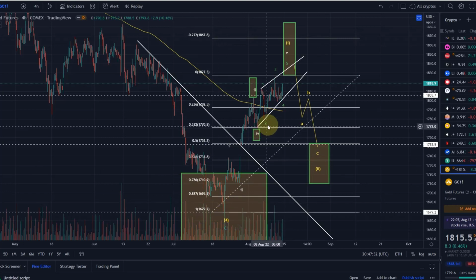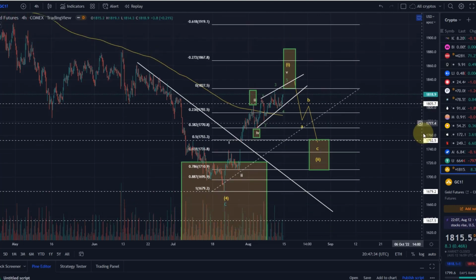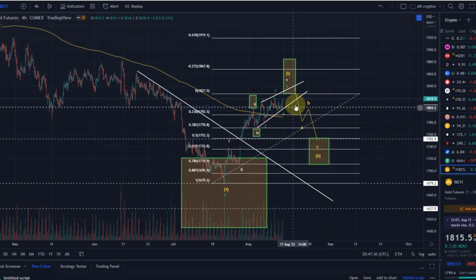We have started to move up very impulsively, and for now I'm going to go with this chart until I see any other evidence that it might go in another direction or even more bullish. Then I will of course keep you updated and change the chart again, but for now I think we are safe to assume that we continue to move higher here.